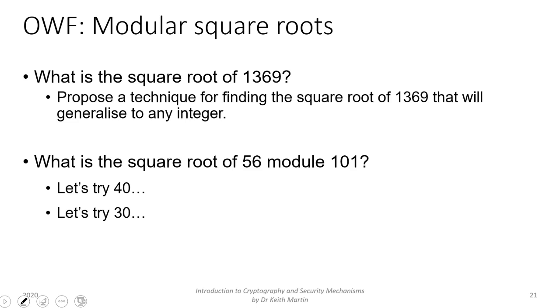Another example of a one-way function is modular square roots. So again, finding the square root of a significantly larger number, or finding the square root of something mod something, could be a significantly complex task.